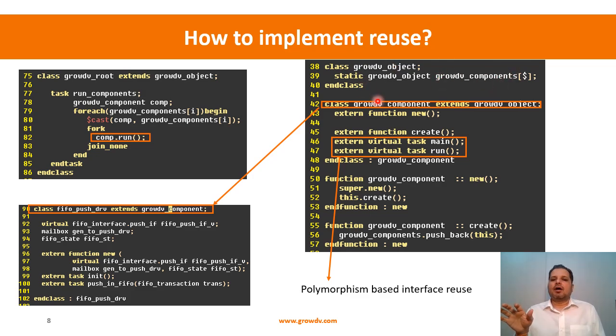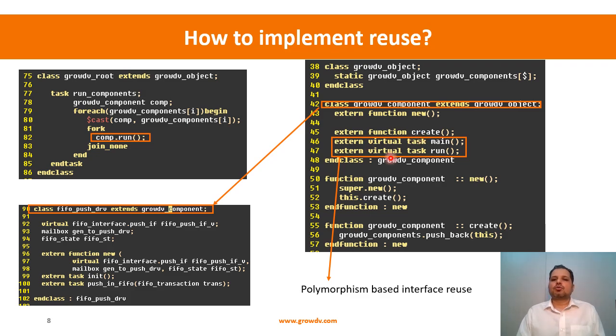And then we are creating one GrowDV component, and this is the class which we would like every active component to extend. So what are we putting in this particular class? We are saying GrowDV component extends this GrowDV object, and we have the constructor, and we have a local function called create. Explicitly we can add the qualifier local because we intend to use it within the class itself.